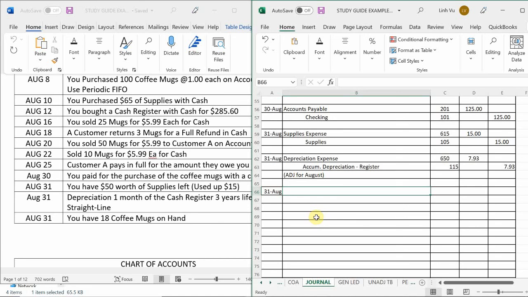And how do I journalize that I sold 82 cups at $102.50? This is periodic inventory.